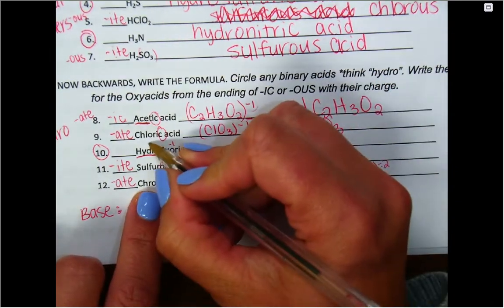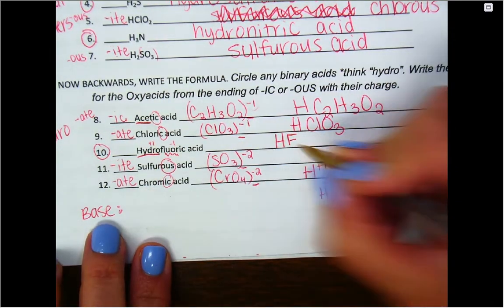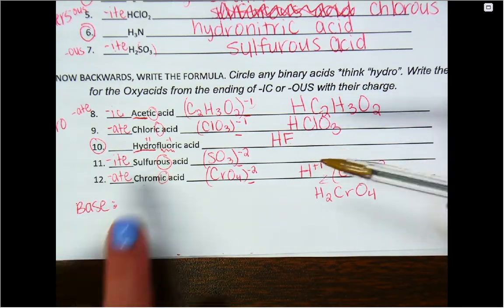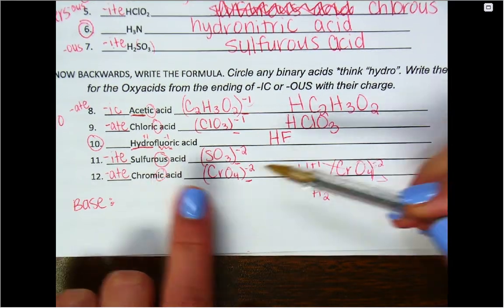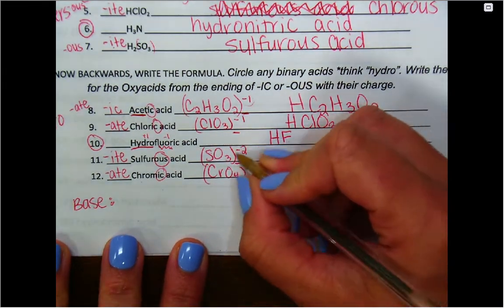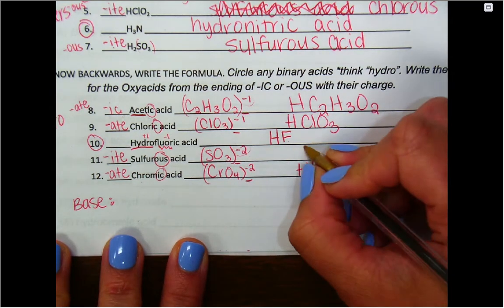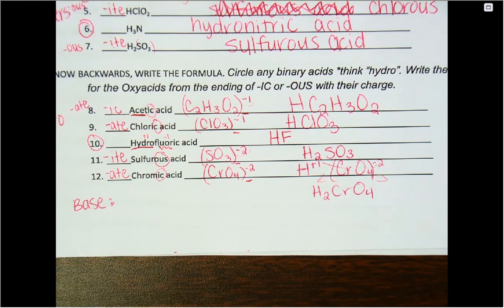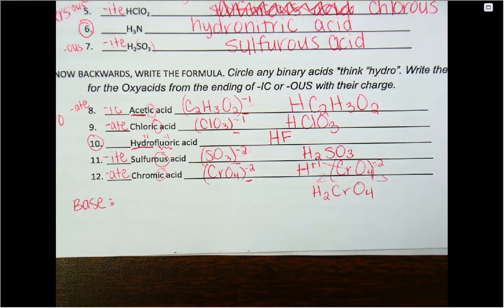Since it has a -1, +1, we're just going to write it straight as is. So HF. For sulfurous acid, we had SO3 with a -2 charge. What that means is that that 2 is going to come down to the hydrogen. So we're going to have H2SO3. So all of that's coming from drop and cross.